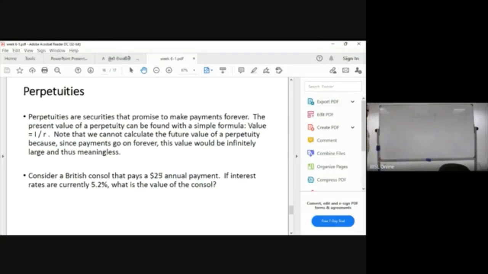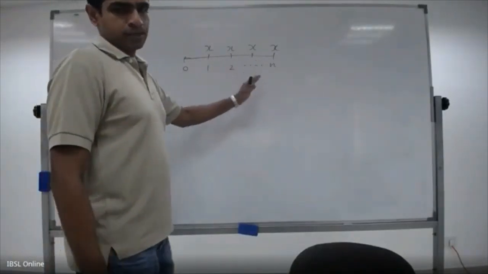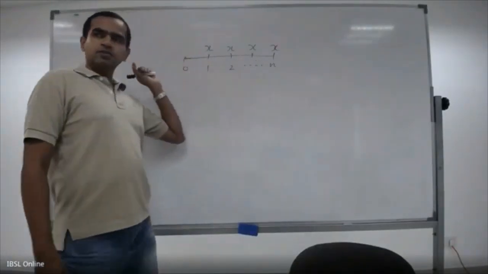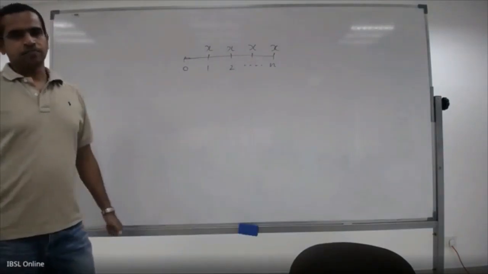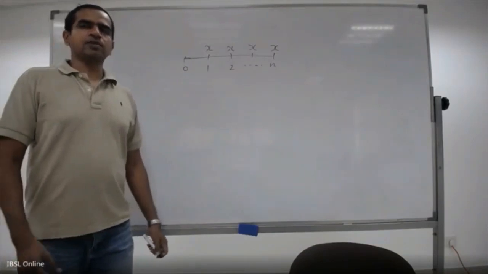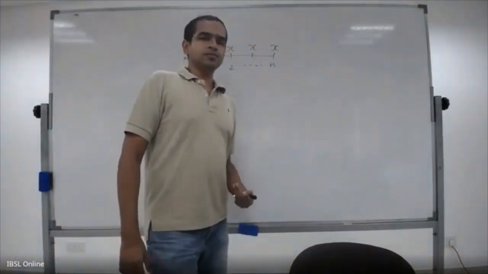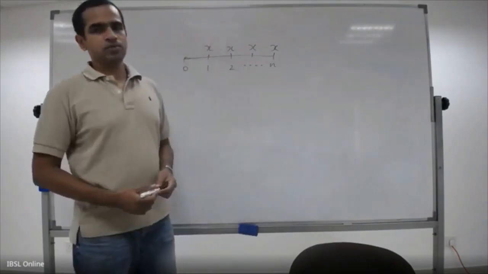Now, annuity is a cash flow which you receive up to a given period of time, maybe 5 years or 10 years, 15 years or whatever. But if you receive cash flows indefinitely, something like a royalty or a patent, whenever there is a usage, you receive something. That's called a perpetuity. There is no end.